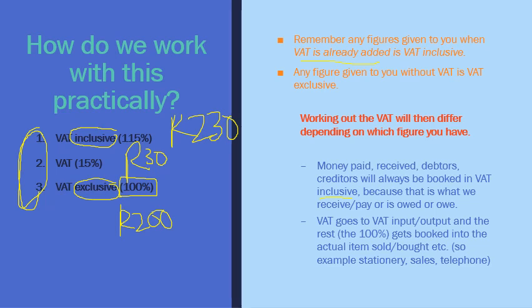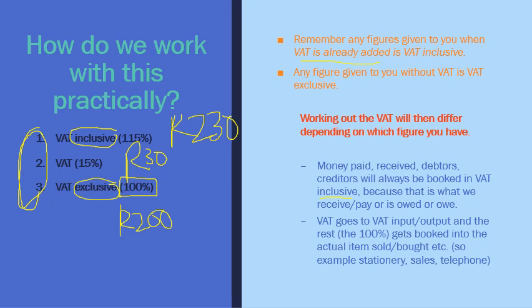So some of what we owe or pay, some of what we receive, is going to SARS. You might want to listen to this again, and I'll say it again. We are owed 200 Rand for a service that we've performed.